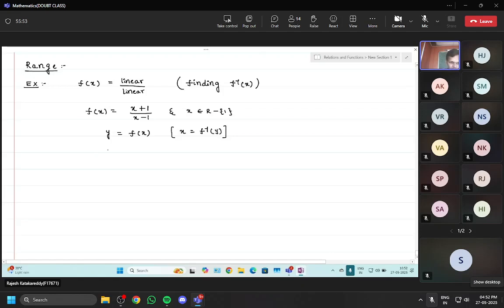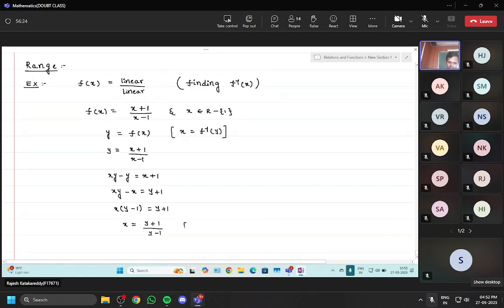So now I am saying y is equal to x plus 1 by x minus 1. Now cross multiplication: x into y minus y is equal to x plus 1, right? Writing all x terms in one place, this is x into y minus x is equal to y plus 1. Now we can say x into y minus 1 is equal to y plus 1. So we get x is equal to y plus 1 by y minus 1.